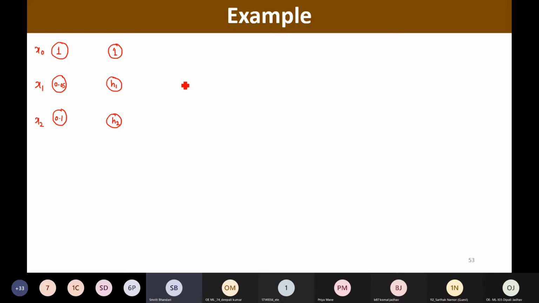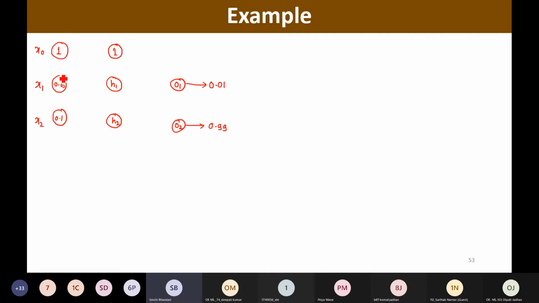And let us assume that we are having two neurons in output layer, O1 and O2. And this is the actual output, 0.01 and 0.99. Okay, now let us see the connections.